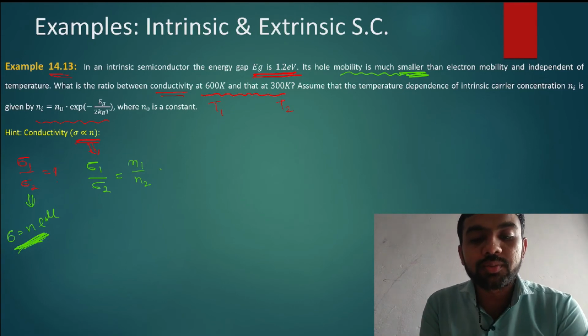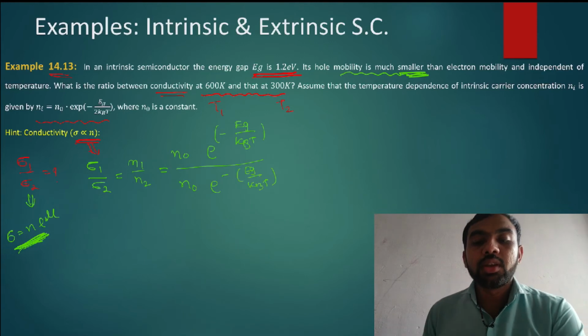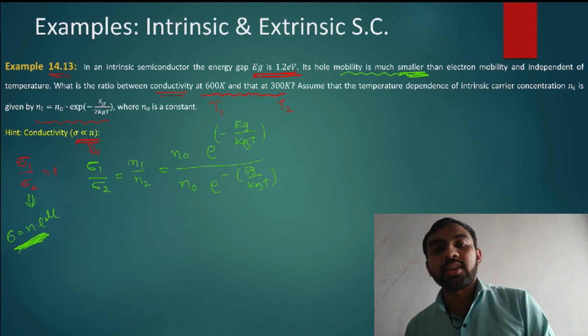Put this value here. So what is this value? N0 exponential means e raised to minus Eg upon kB T upon N0 e raised to minus Eg upon kB T. But we consider this conductivity at different temperatures, 600 and 300.